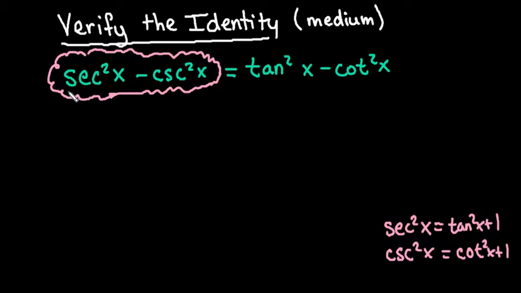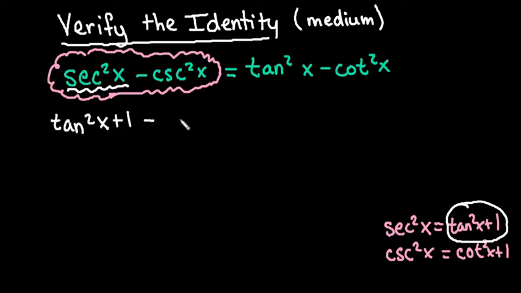So what I'm going to do is replace secant squared x with what it's equal to. So we know that secant squared x is tangent squared x plus 1. And then we're just going to subtract cosecant squared x, and cosecant squared x is equal to cotangent squared x plus 1.